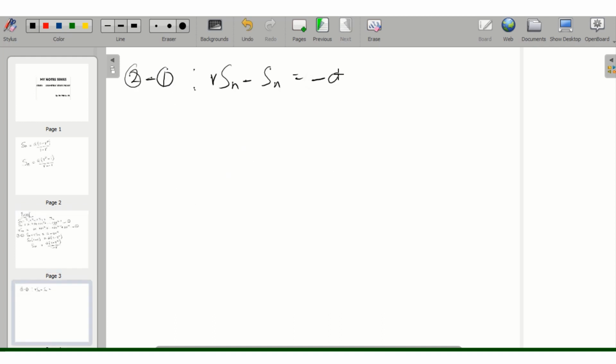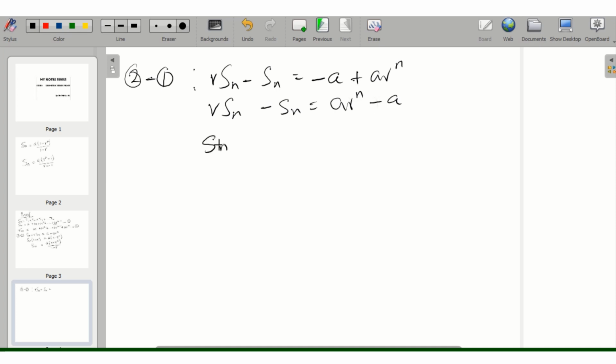So this would be minus a plus ar to the power n. So rSn minus Sn is ar to the n minus a.